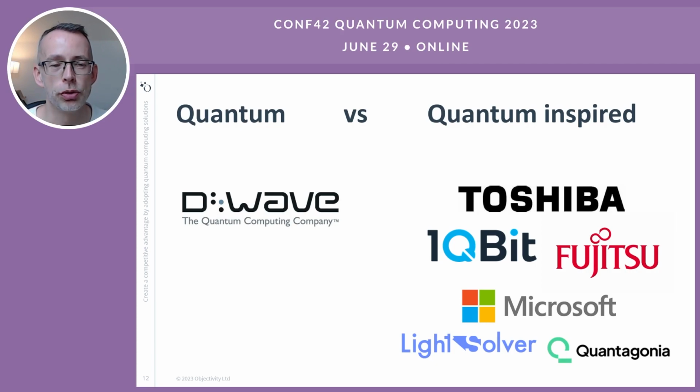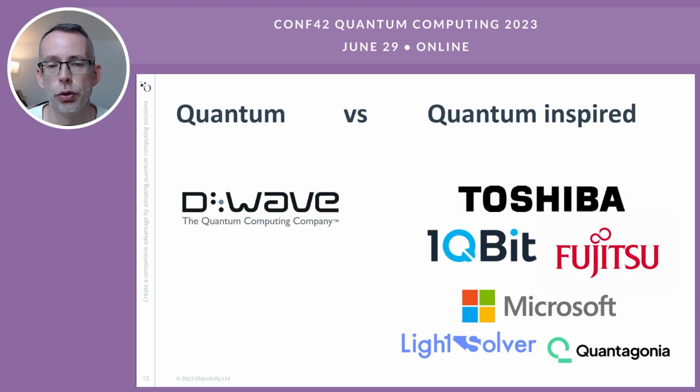There's a whole host of people who've been inspired by it and are running quantum-inspired annealers. They generally use FPGAs, so field programmable gate arrays, or they use graphics cards, a whole host of graphics cards, or classical computing resources, your CPUs.